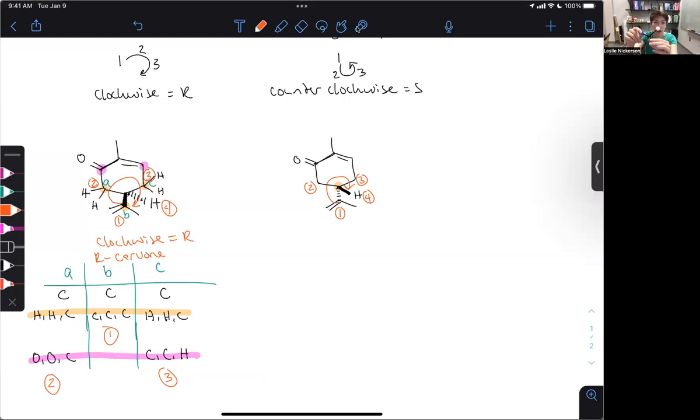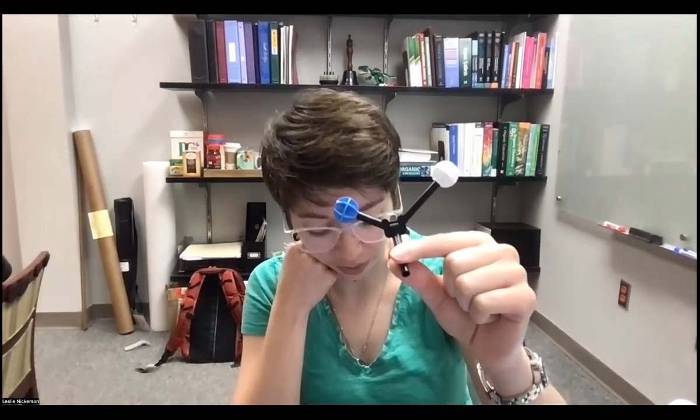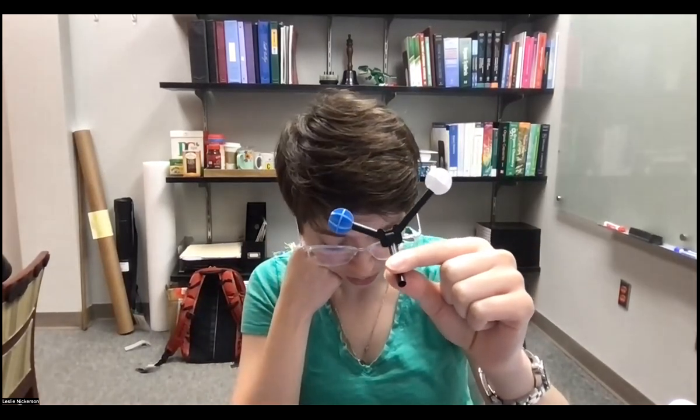Okay, so what we have going on here, we've got H in the front, so that's my H, and then 1 is red, pointed away from you. 2 is white, which is on the left, and then the blue is 3 on the right. Okay, so this is exactly how we have it set up in the R version, right? Except the H is here.